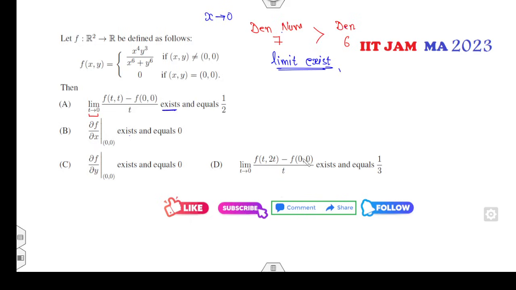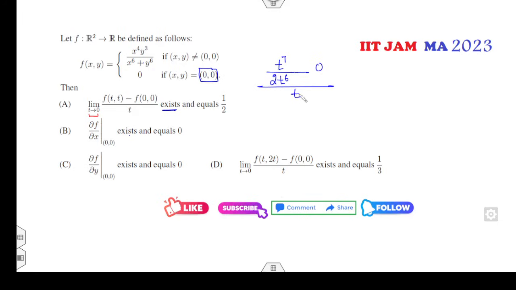All are fine. Now your target is to check what is the f of t? t raised to power 7 divided by 2t raised to power 6. What is the f of 0, 0? 0 divided by t. So the answer will be 1 by 2. The first answer is correct.